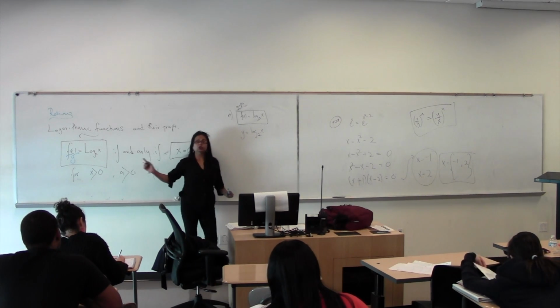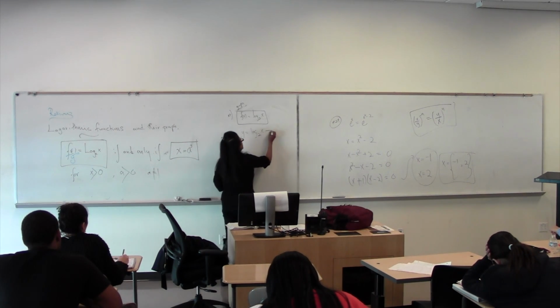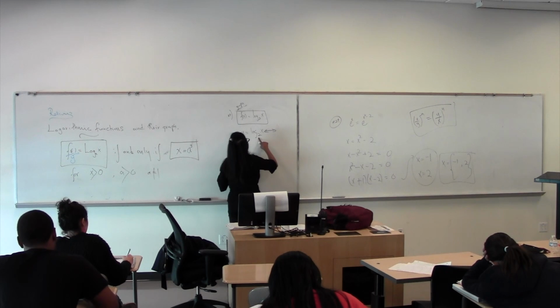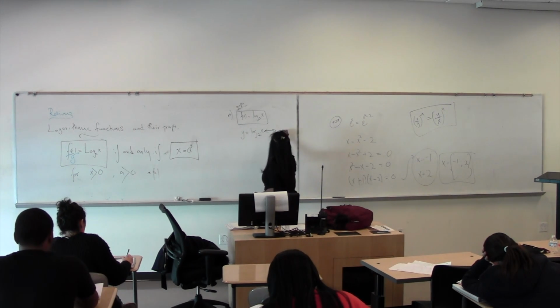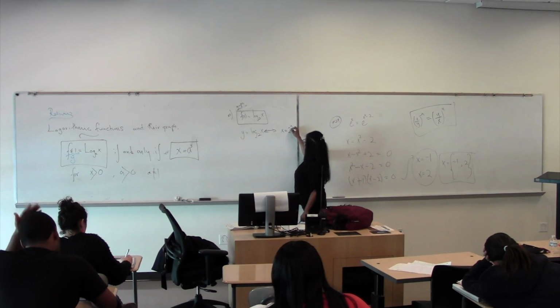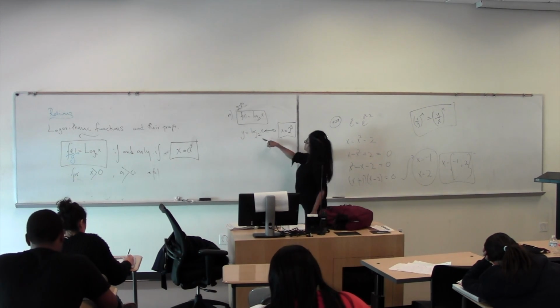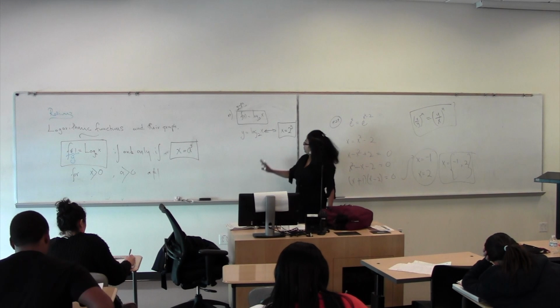Now the rule says to convert this, right? How will you convert this? x equals 2 to the y. This means x equals 2 to the power y. Whenever this is the case, this is true. That's what it means.